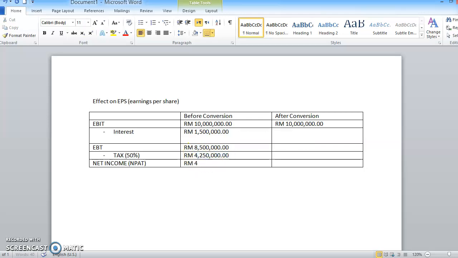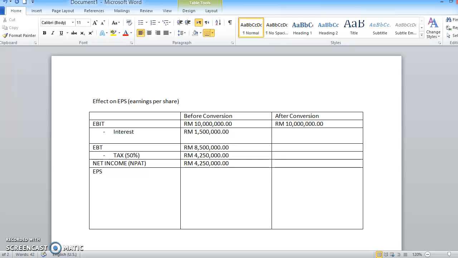Of course, you will get the same lah sebab tax tadi kan 50%. So you will get 4,250,000 again. So this is your last net income you will get, 4,250,000.